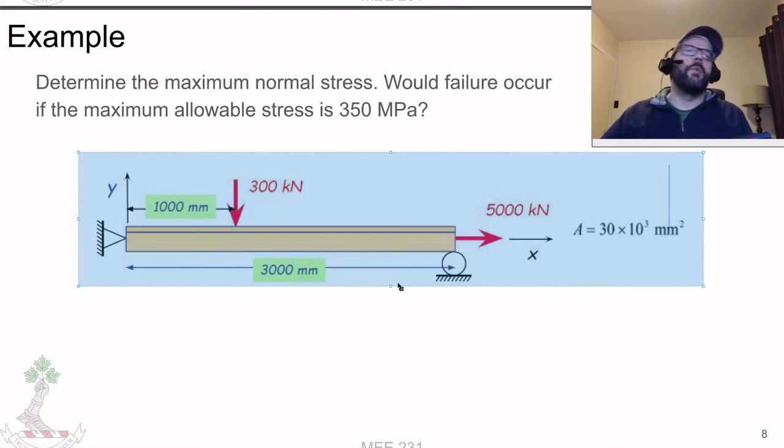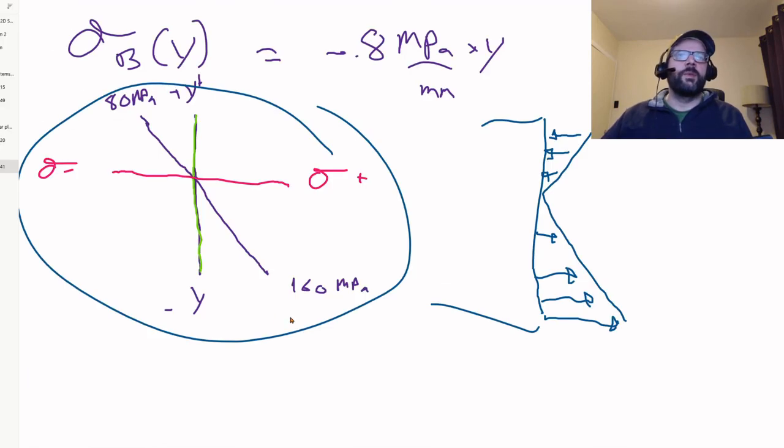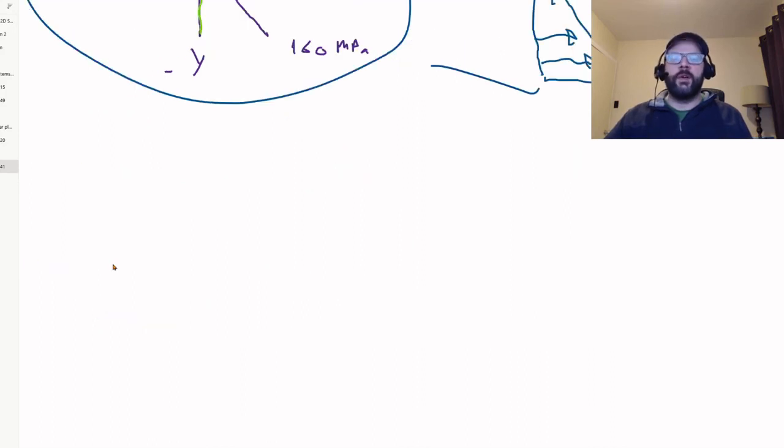The bending moment that's arising is going to be the same, but we're going to have axial stress in there as well. So we're going to get this same situation for the bending stress, but we also need to deal with the axial stress.